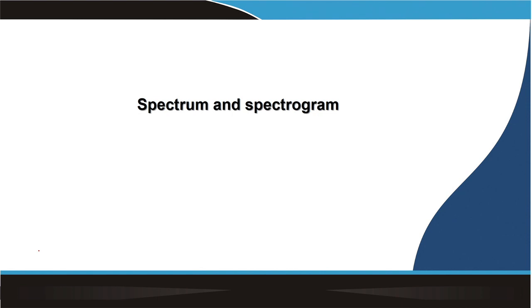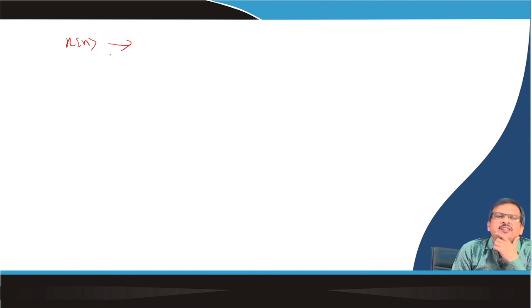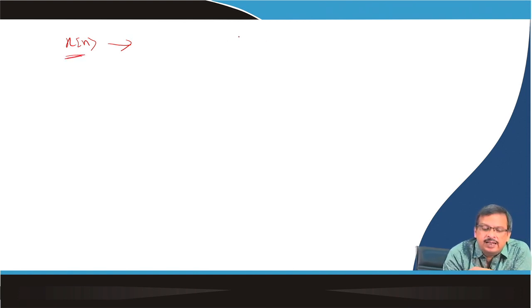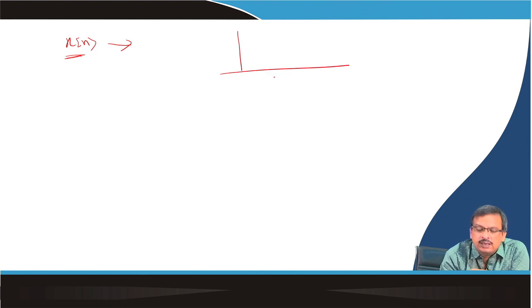Let us say a simple application: suppose I have a signal x of n, and I want to draw the spectrum of the signal. So, what is spectrum? When I plot, this axis will be the frequency and this axis will be the amplitude of the individual component.